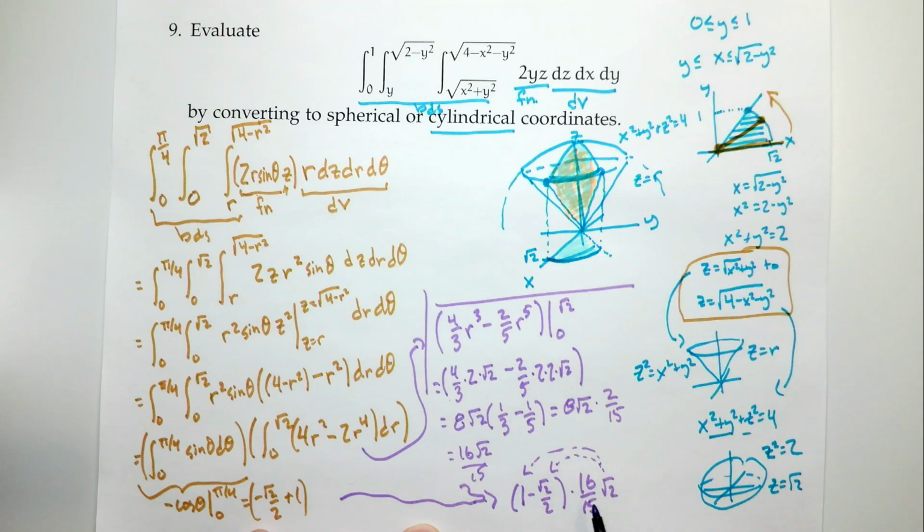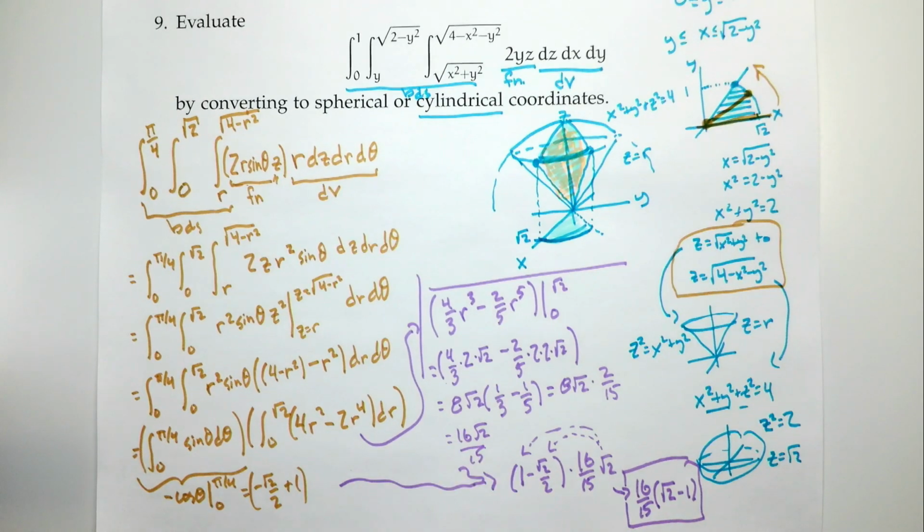If I do that, I have a 16/15 still there. Root 2 times 1 is root 2. Now, root 2 times root 2 over 2. Root 2 times root 2 is 2. 2 over 2 is 1. So root 2 minus 1. And there you go. 16/15 times the square root of 2 minus 1.